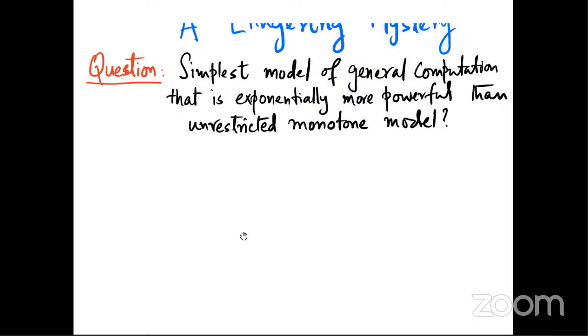Can I show that there is some monotone function or monotone polynomial, depending on the context, arithmetic or Boolean, such that in the simplest model of computation with cancellations there is an efficient circuit, but in the most powerful model with cancellations there is no efficient circuit? This is the question that we would like to ask.